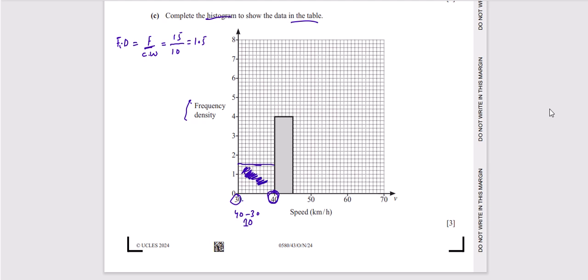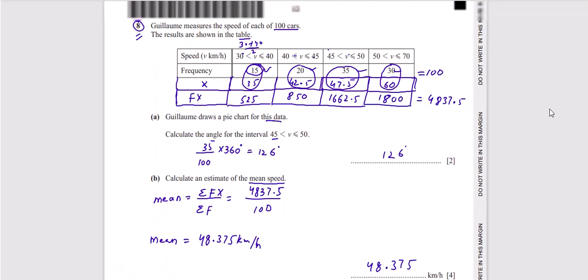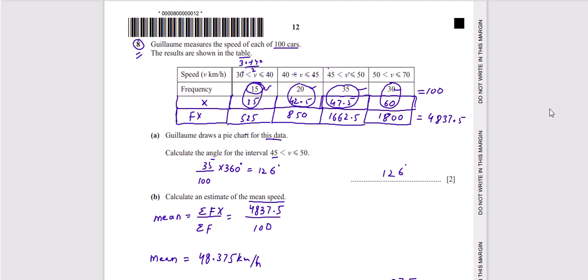And now this one and the second one is also given. Now we find the third interval. The third interval is 45 to 50.